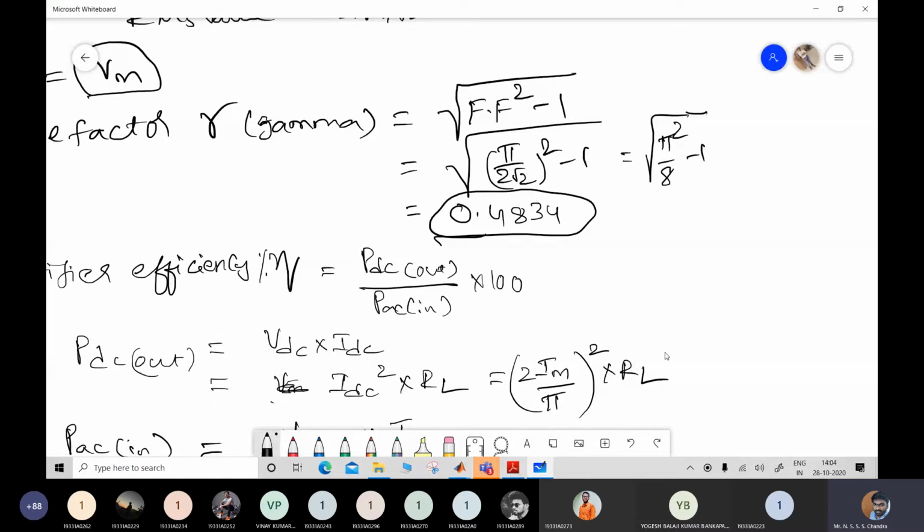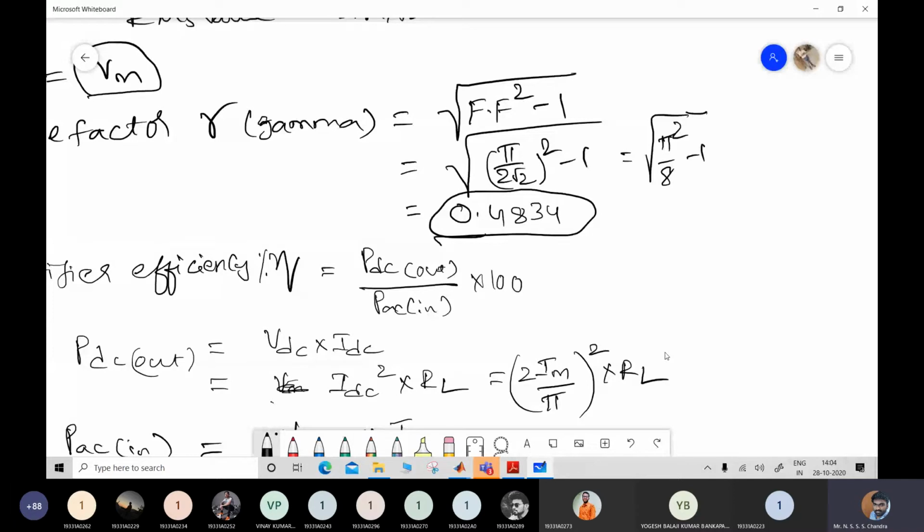Because of the capacitor charging and discharging, your ripples will die down and you will get a gamma value almost equal to 0. Practically when you do the experiment, you will know that. Once this topic is over without filters, I'll show you the capacitor filter circuit also.